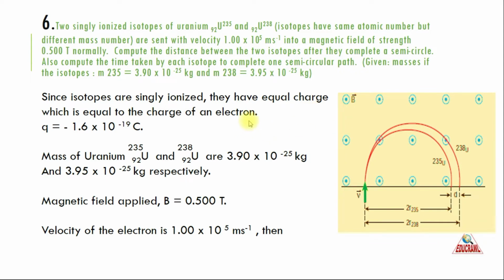We know the value of the charge as 1.6 into 10 power minus 19 coulomb. The B value is given as 0.5 Tesla. The velocity is given as 1 into 10 power 5 meter per second.